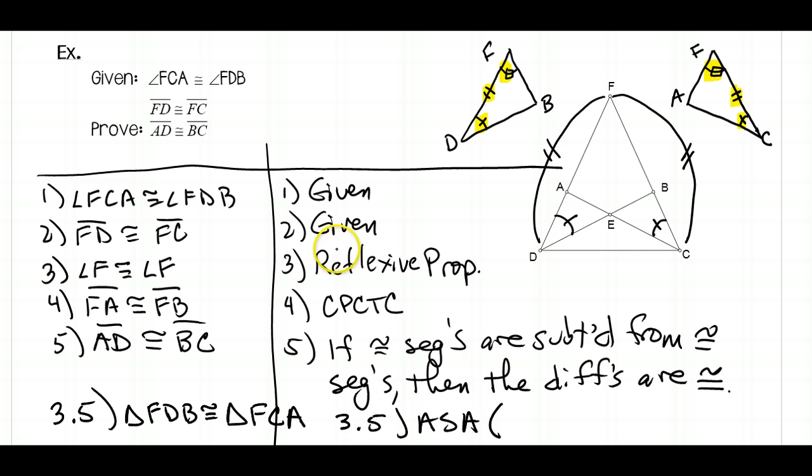And let's see, I've got steps 1, 2, and 3, which are the only ones I could have since they're the only ones in front of that. Okay, so 3.5, that's going to fit in right over there. Then I've got FA and FB are corresponding parts, and then I'm just going to subtract these from those to get AD is congruent to BC.